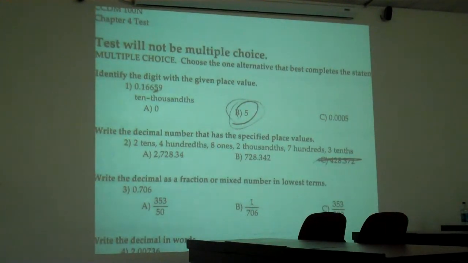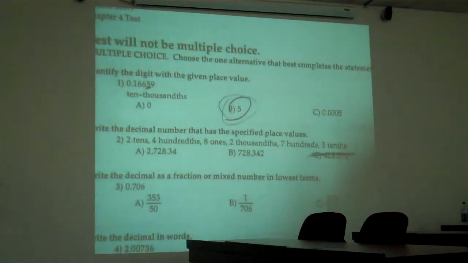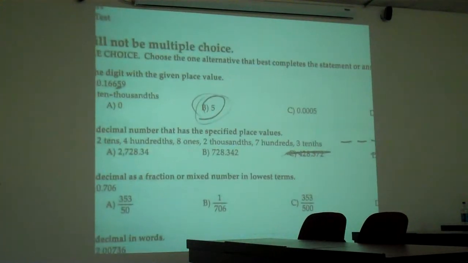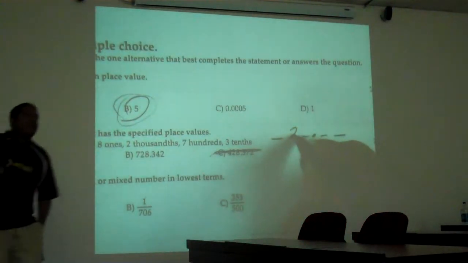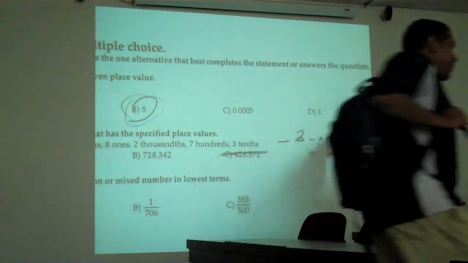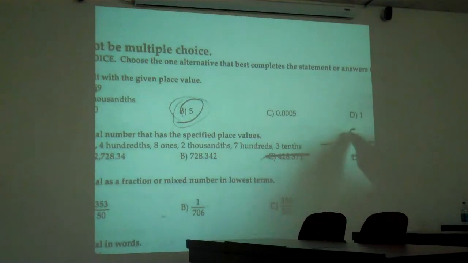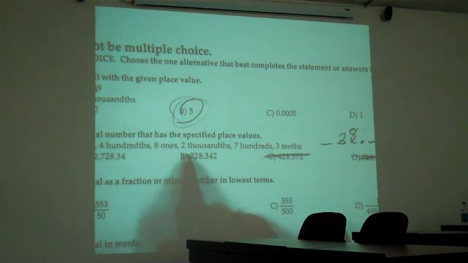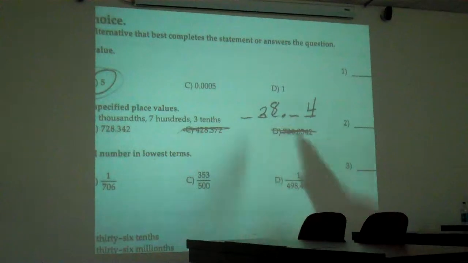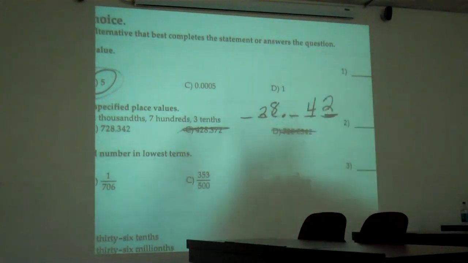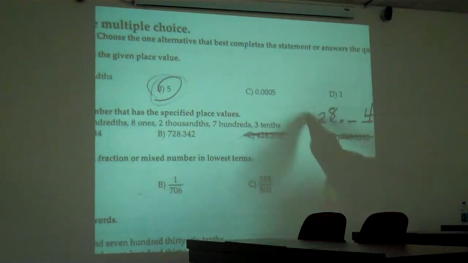What you're going to need to do when you get a problem like this is put your decimal, make you some place values, and just put the numbers there, okay? 2 is in your tenths place, so 2 will be right there. 4 is in your 100th, so it would be right there. 8 is in the ones. 2 is in your thousandths. 10, 100, 1,000. 2, there's your thousandths. 7 is in your 100.